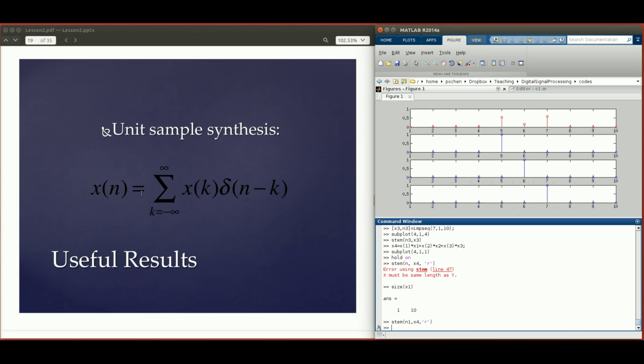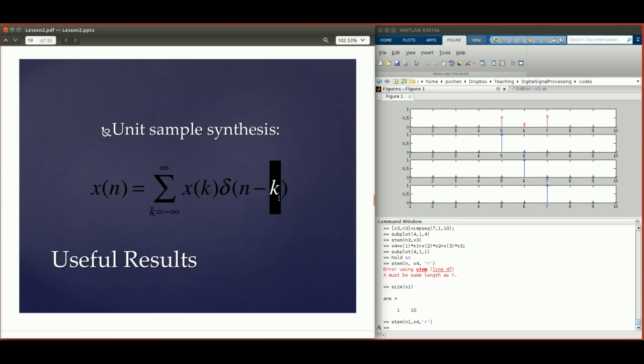So any signal can be represented as a weighted superposition of shifted impulse sequences, right? Basically, that's what this equation is telling you. So the weights happen to be the amplitude of the signal at each of the locations, and the amount of shift for the delta pulses happens to be the locations where x is non-zero.